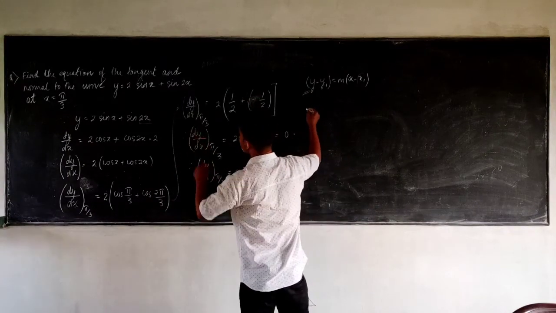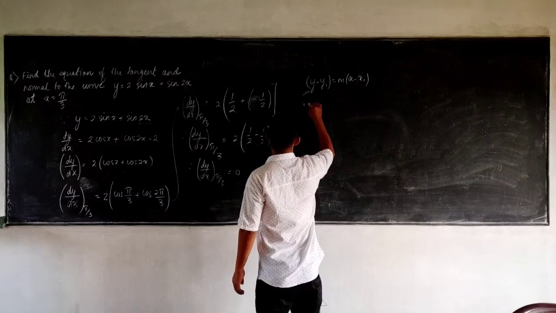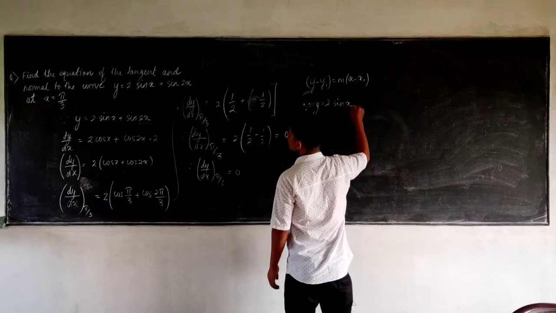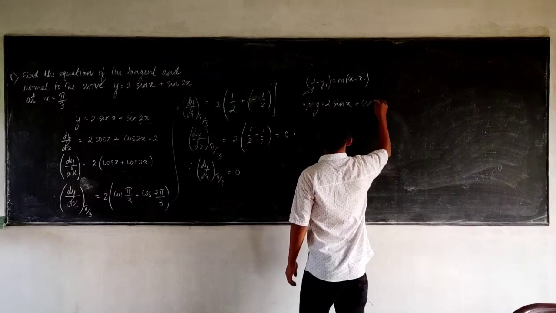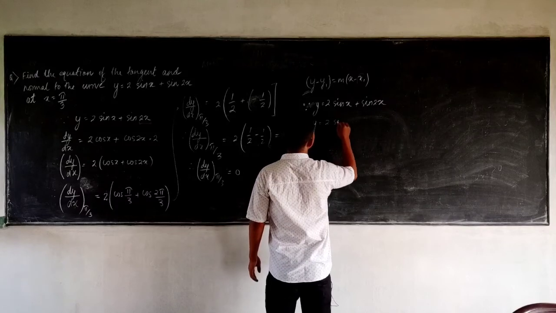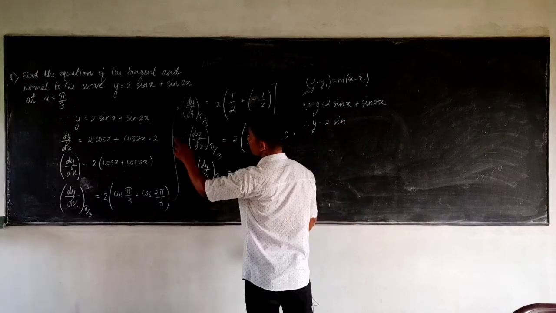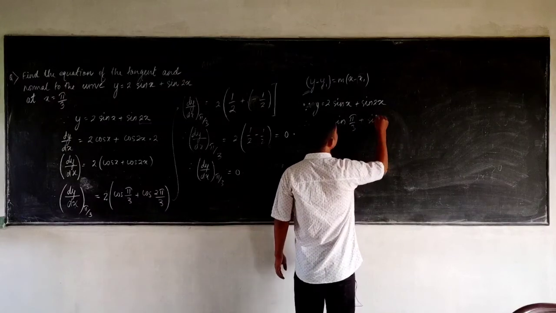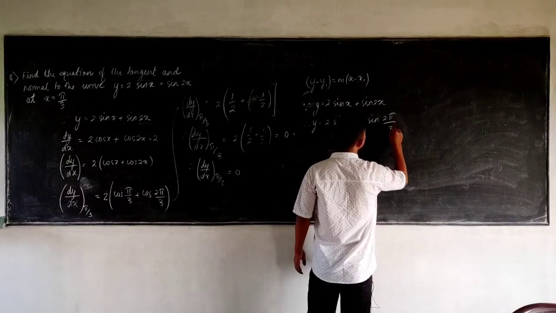I substitute the value in the given equation. Since y is equal to 2 sine of x plus sine of 2x, y will be equal to 2 sine of, substituting x as pi by 3, pi by 3 plus sine of 2 pi by 3.